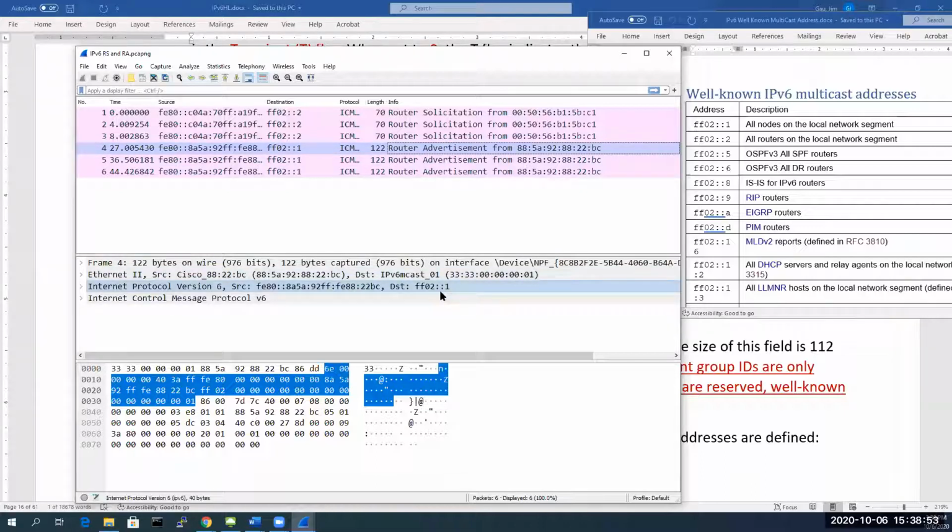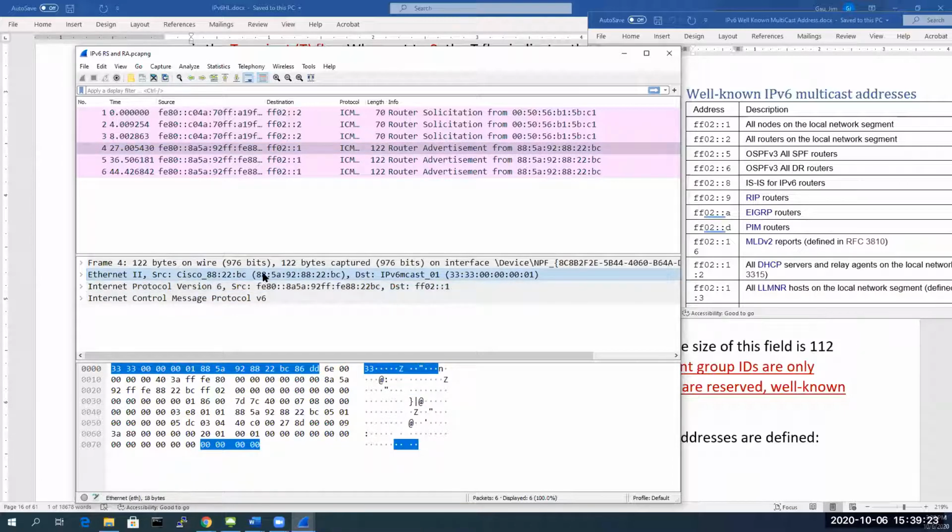And the source here is now from the router. You can see this is the router's MAC address, and it puts FF02::1, a multicast IPv6 address, into the destination. So everyone on the network will process this FF02::1 and record the MAC address of this router, which is the Cisco 885A92.